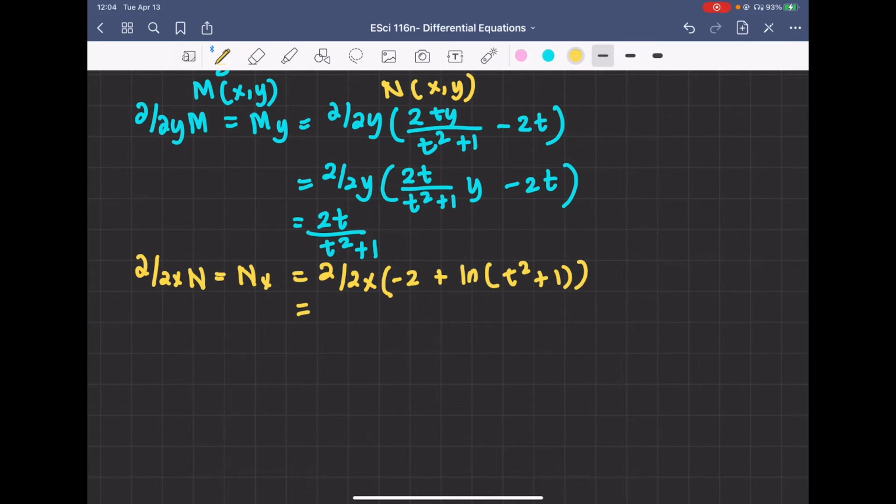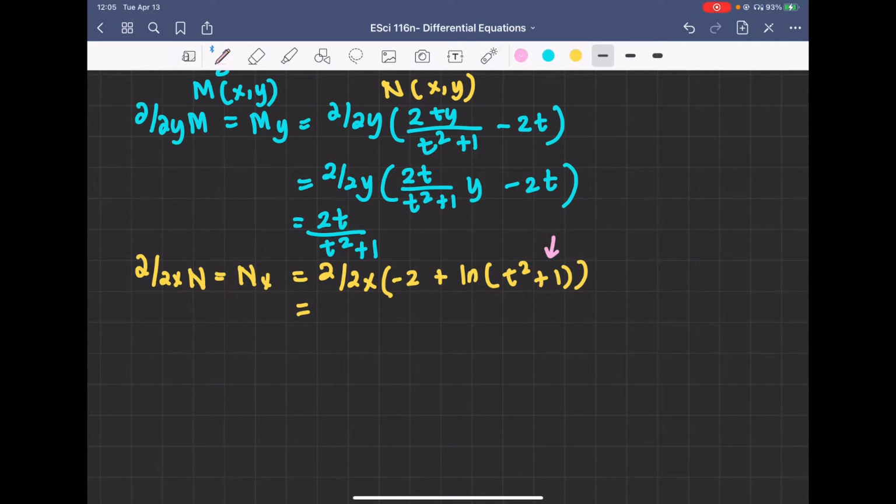As you can see, deriving ln u is simply du times 1 over u. So let me rewrite that.